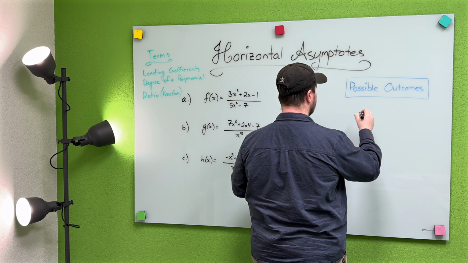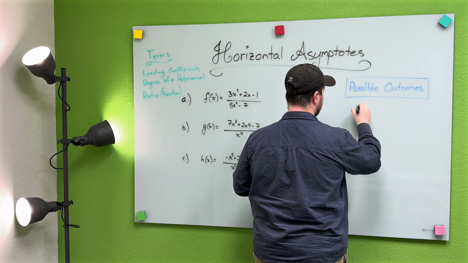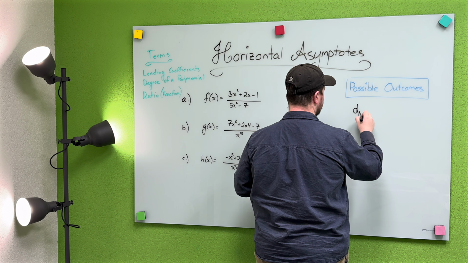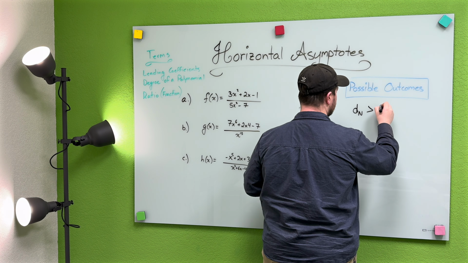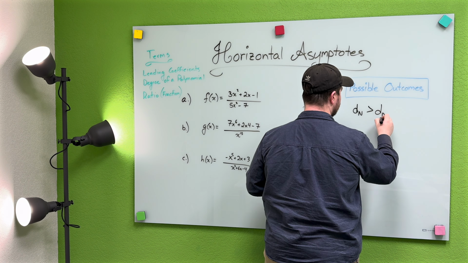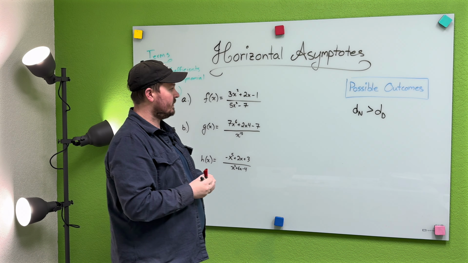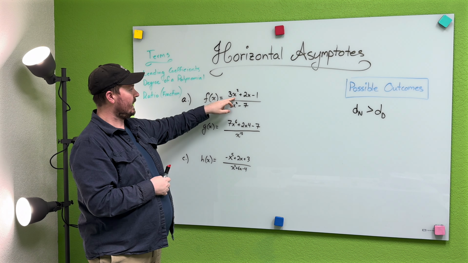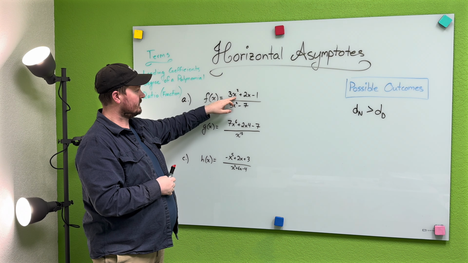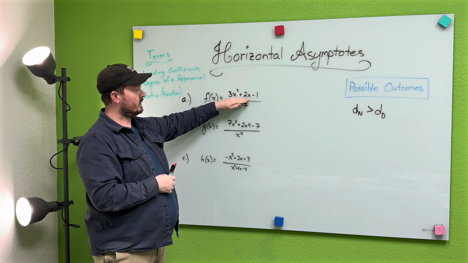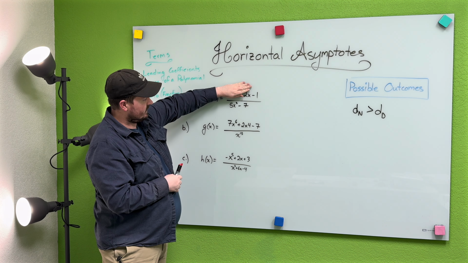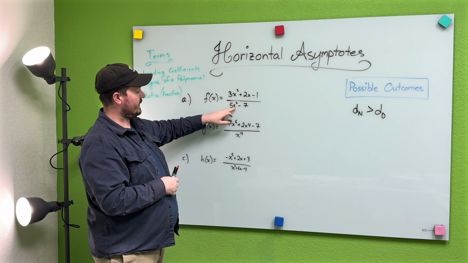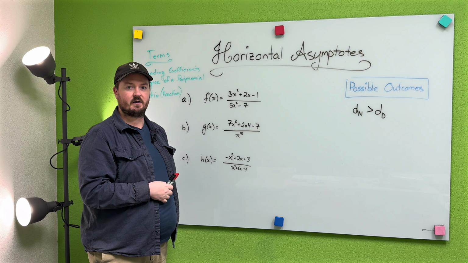Now, when you have a degree of your numerator that is greater than the degree of your denominator. Now, stepping back just a moment, degree of a polynomial is the highest power on x. So here we're going to be focusing on the numerator separately from the denominator. And we want to focus on the degree of the numerator and compare that to the degree of the denominator.